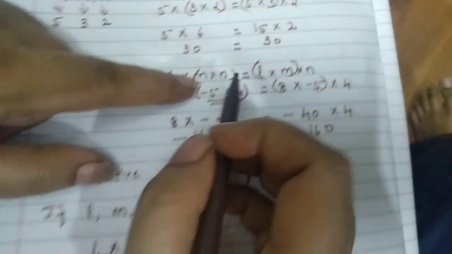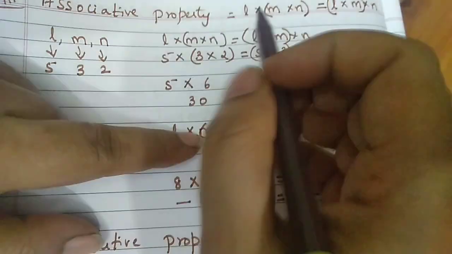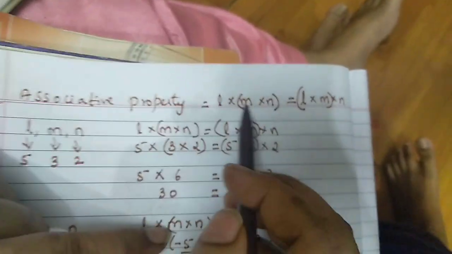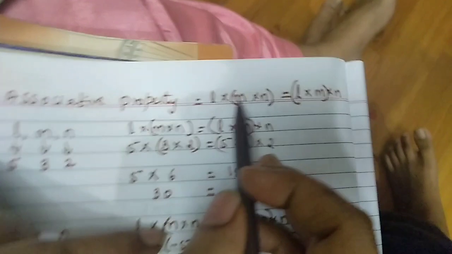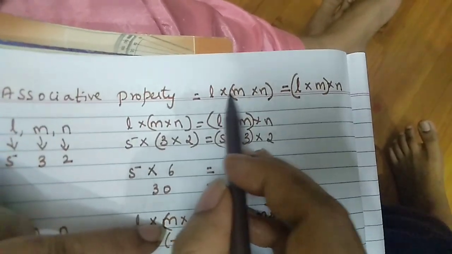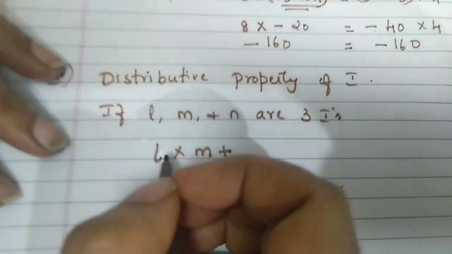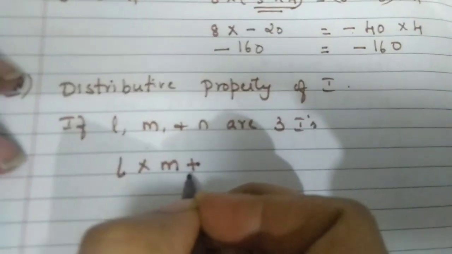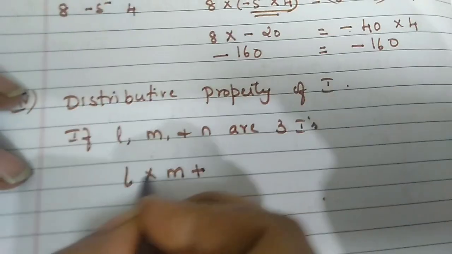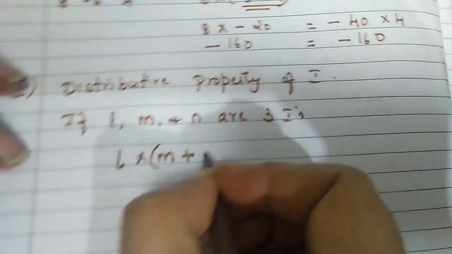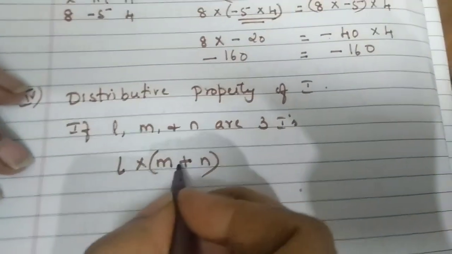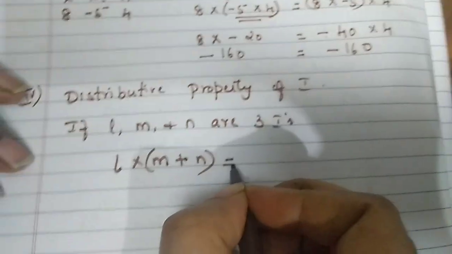In the earlier associative property, we used the same three integers L, M and N, but we multiplied each one with another one. But here, we are multiplying L with M plus N.